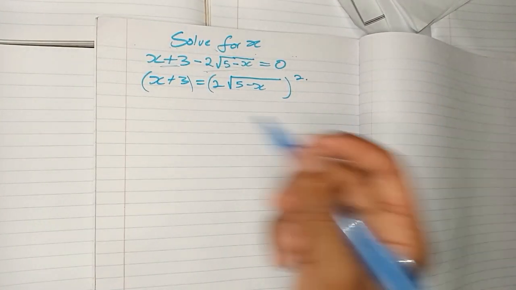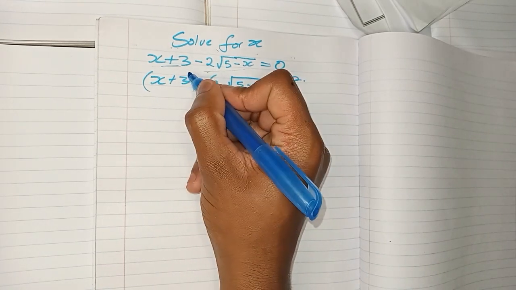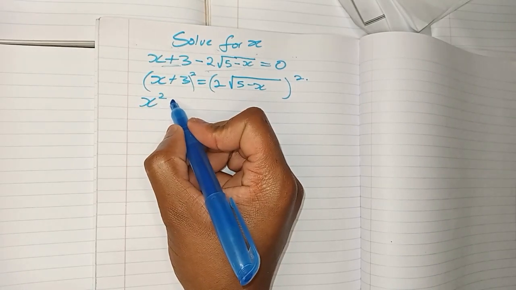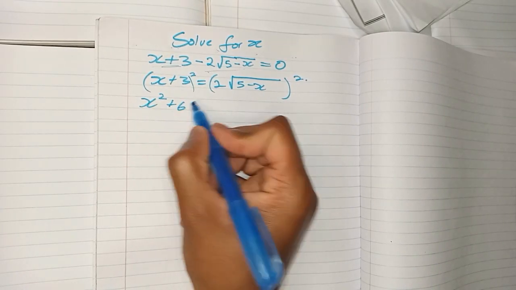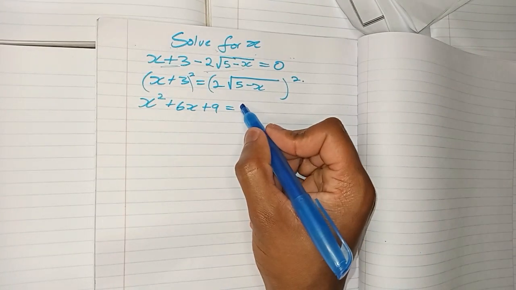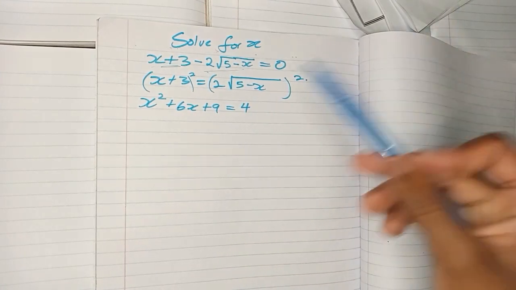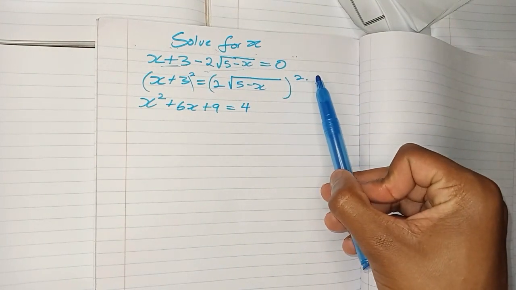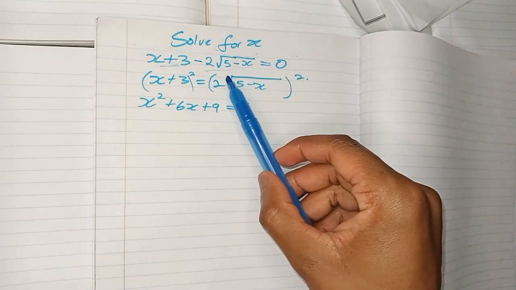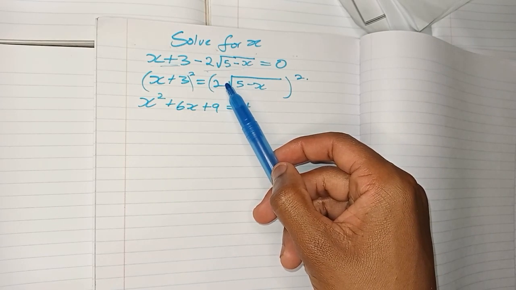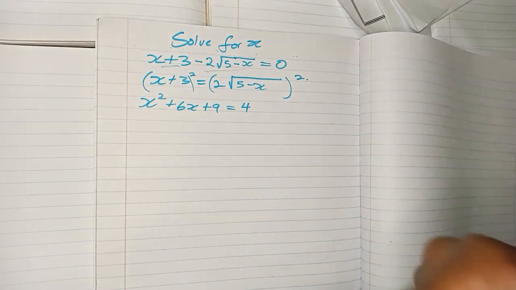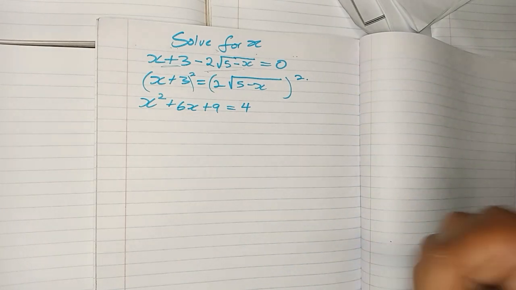Right, so we are going to have, oh, it has to be a square here, so we are going to have x squared plus 6x plus 9 is equal to 4, because 2 squared is actually 4. And now in this part the square root is actually going to cancel, because putting a square is like saying square root multiplied by square root, so it will actually cancel.